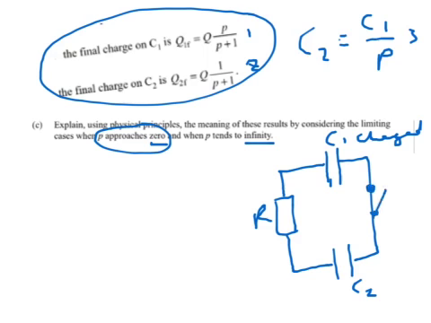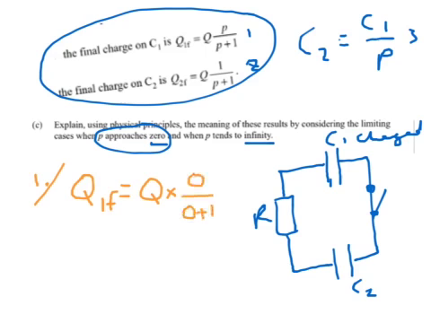But so when p approaches 0, let's look at each of these formulas. For formula 1, when p approaches 0, that means Q1, the final charge stored on C1, is going to be equal to Q times a very, very small number, roughly 0, over 0 plus 1.